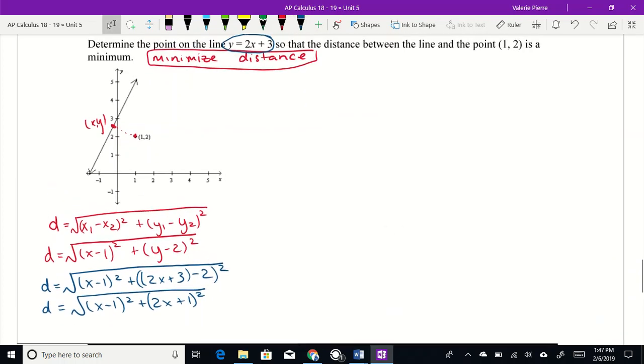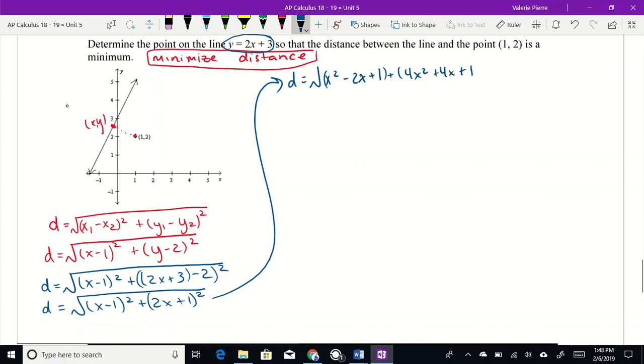So the next step here is to try to simplify this as much as possible before finding the derivative. So if we actually square these two things, we get the square root of x squared minus 2x plus 1 plus 4x squared plus 4x plus 1.